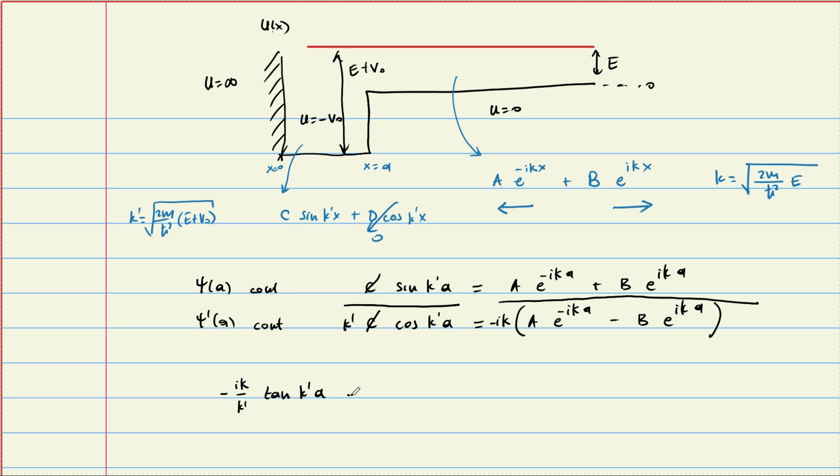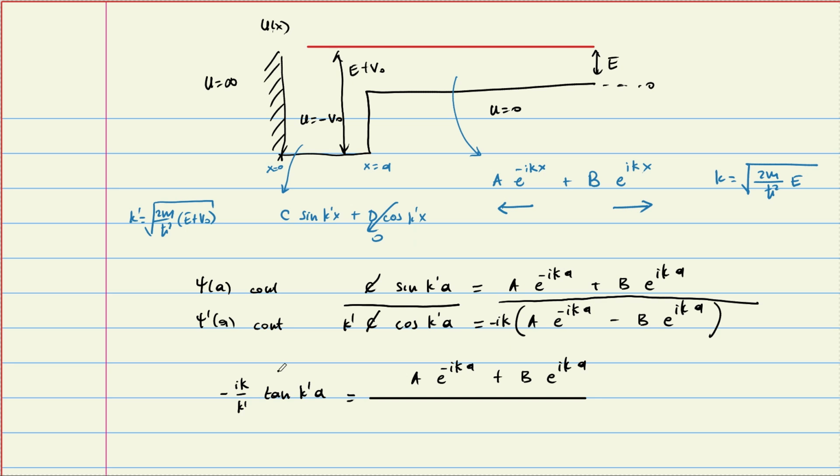And this is going to be equal to something divided by something else. So it is like this divided by this, and I take this 1 over minus ik to this side.